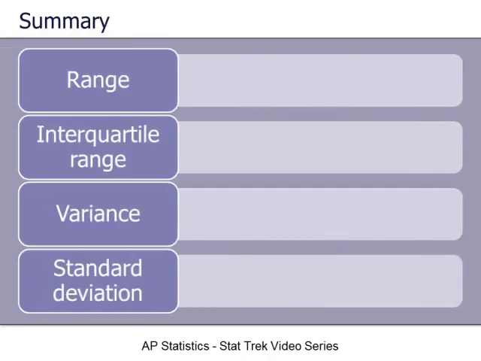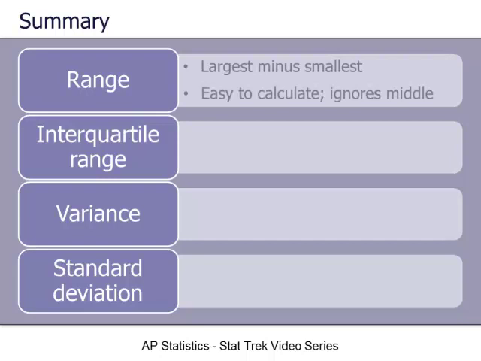Let's review. This lesson has been all about measures that describe variability in a set of data. We described 4 measures: the range, interquartile range, variance, and standard deviation. The range is the largest value minus the smallest value. The range is easy to calculate, but it ignores middle values and sometimes is influenced too much by outliers.